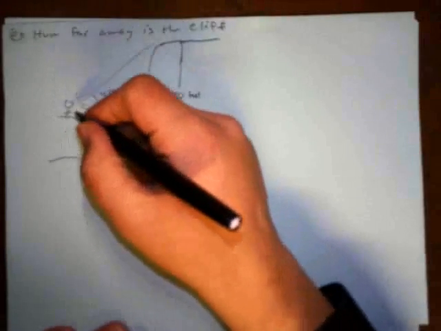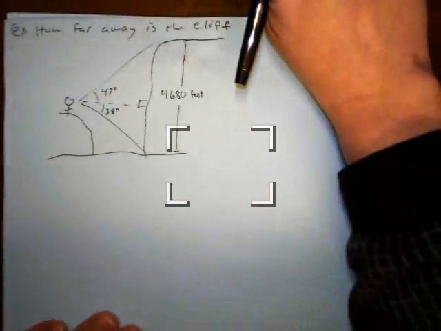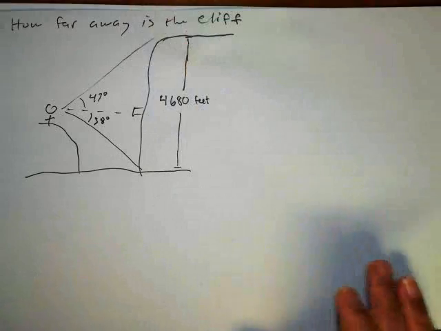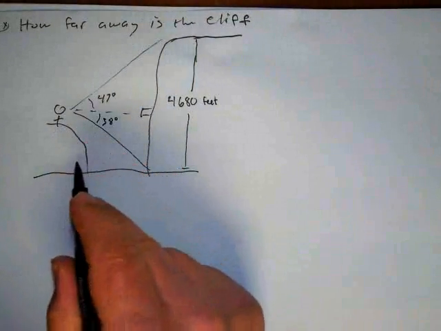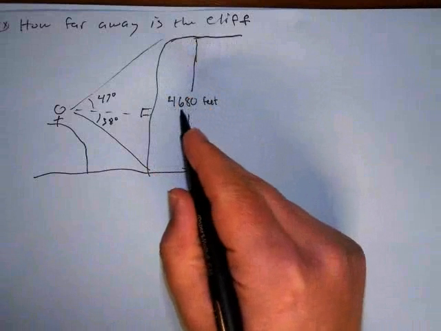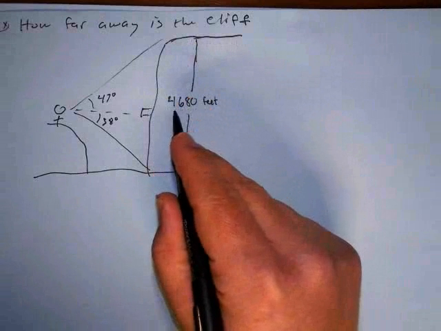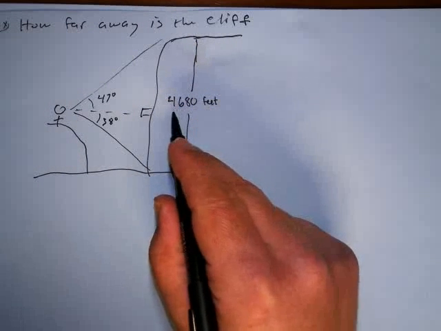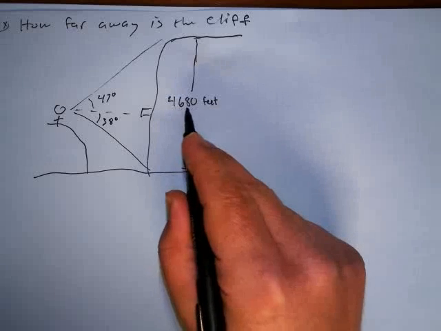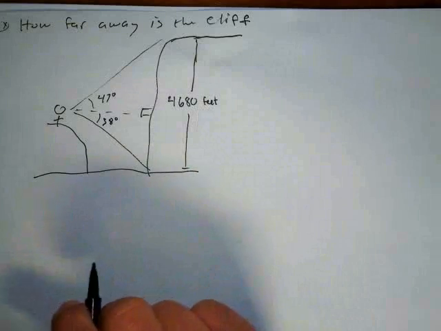So here's the idea. You've got an observer standing on this tall cliff, and it is known that the cliff is 4,680 feet.